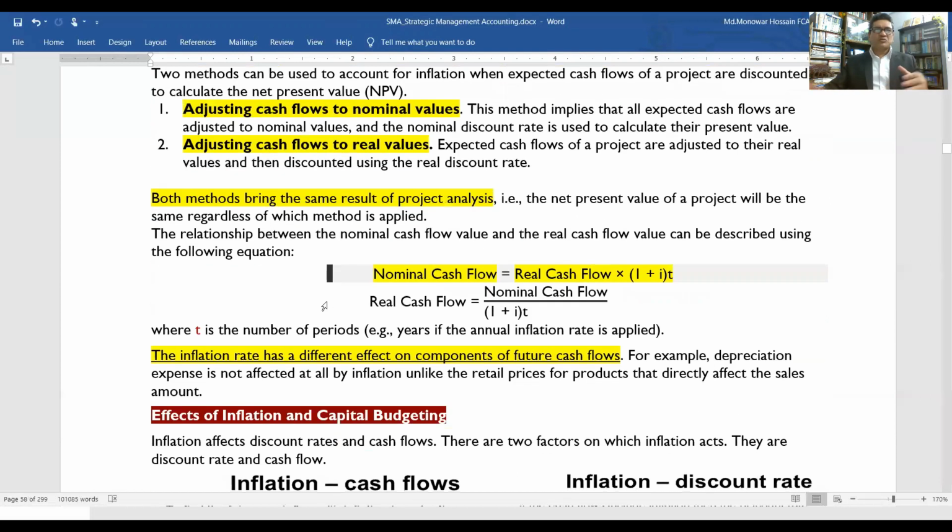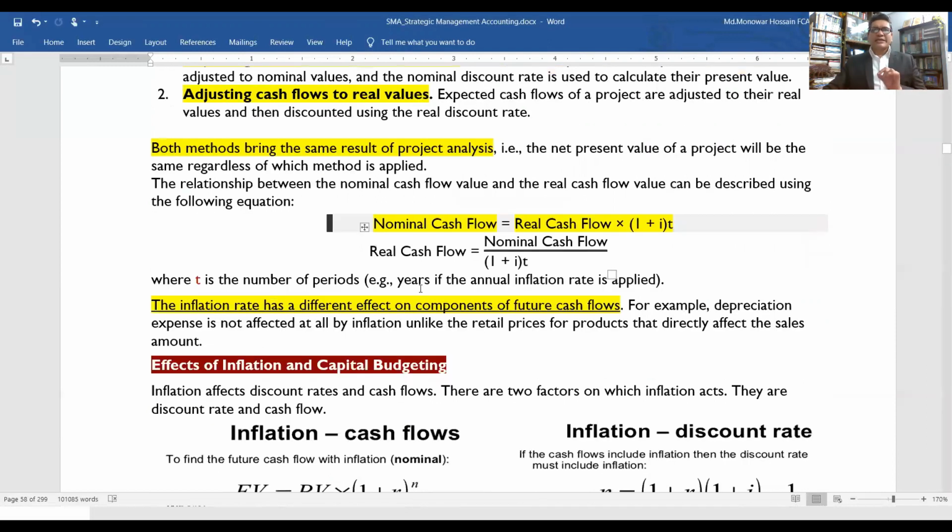Both methods bring the same result in the project, which we have seen in the two problems. Nominal cash flow equals real cash flow multiplied by (1 plus i) to the power T. So real cash flow equals nominal cash flow divided by (1 plus i) to the power T. Here T is the number of periods.